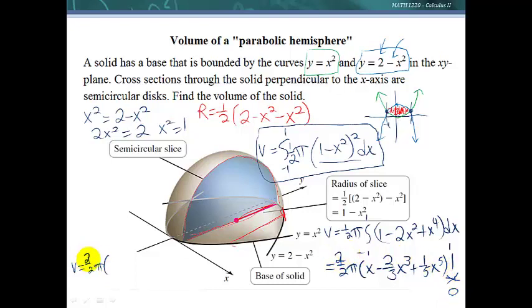So I'm going to do that because that'll make life a little bit easier. Then I'll have 1 minus 2/3 plus 1/5, and when we simplify that, it looks like we would get 8/15 pi. So there is the volume of our solid.